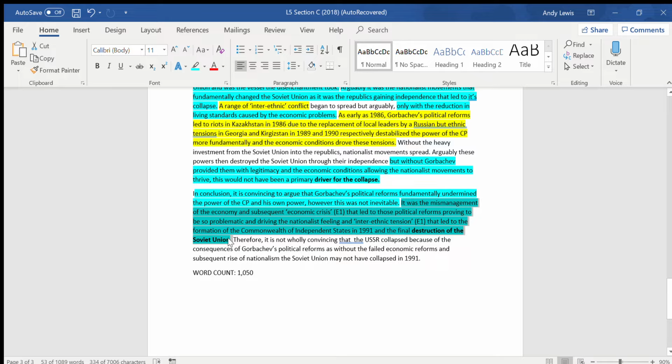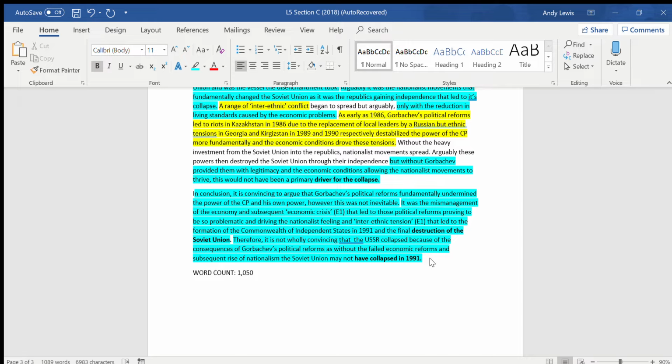But now they have to link it back to the statement they were given, or the question they were given, which was about political reforms. Therefore, it is not wholly convincing that the USSR collapsed because of the consequence of Gorbachev's political reforms, as without the failed economic reforms and subsequent rise of nationalism, the Soviet Union may not have collapsed in 1991. Now that answer could be better.